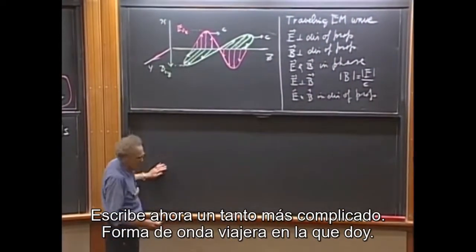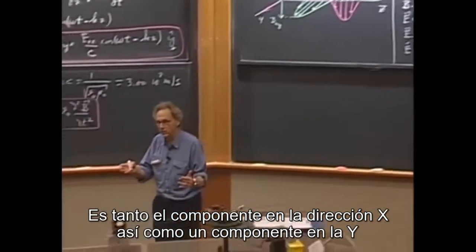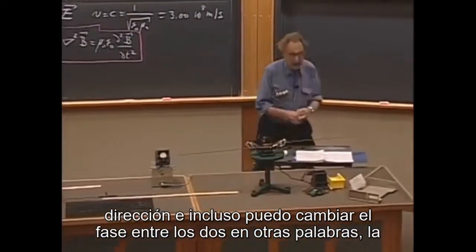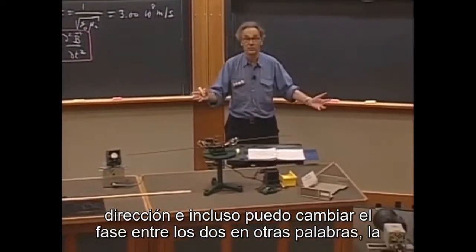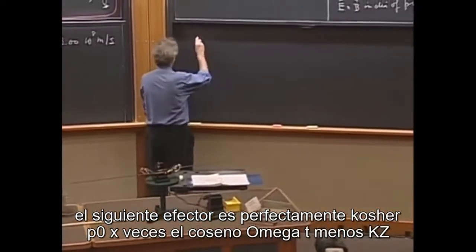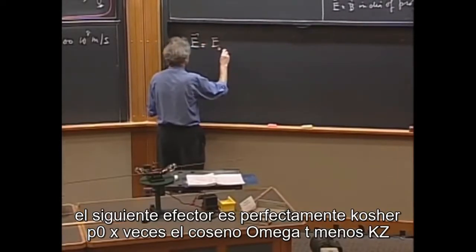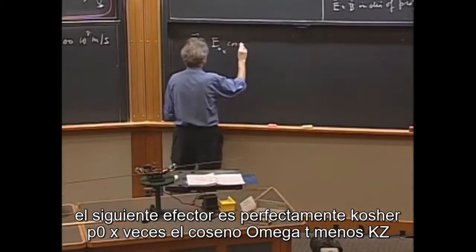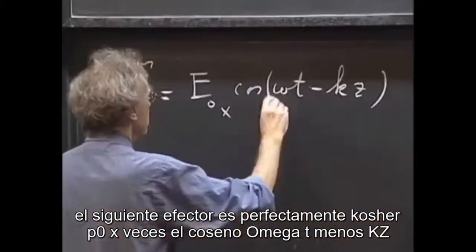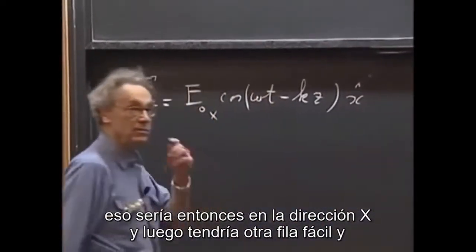So therefore, I can write now a somewhat more complicated form for a traveling wave, in which I give it both a component in the x direction as well as a component in the y direction, and I can even change the phase between the two. In other words, the following E vector is perfectly kosher: E0x times the cosine of omega t minus kz.